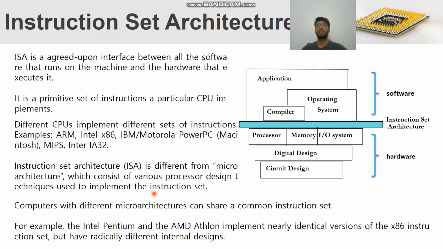For example, the circuitry to execute the add instruction in two different CPUs can be different from each other, but in the end the results will be the same. So we can say that computers with different microarchitectures can share a common instruction set.